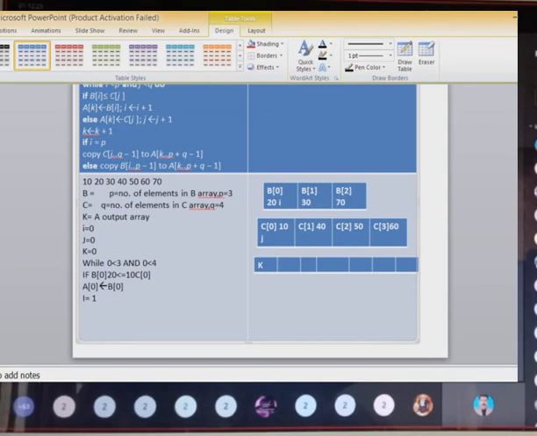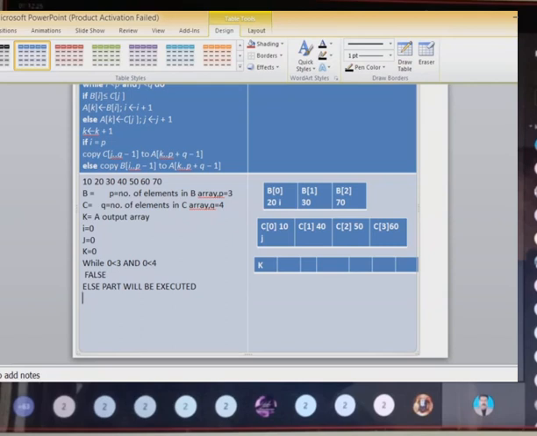If the condition is satisfied, assign B of I to A of K, I equivalent to I plus 1. So now the condition is false. Condition false, else part will be executed.